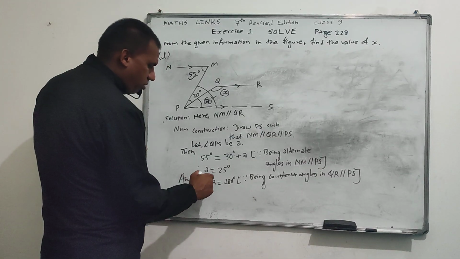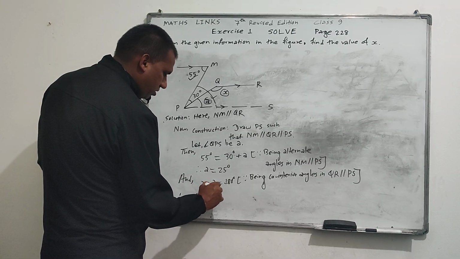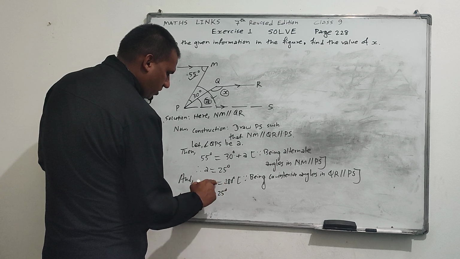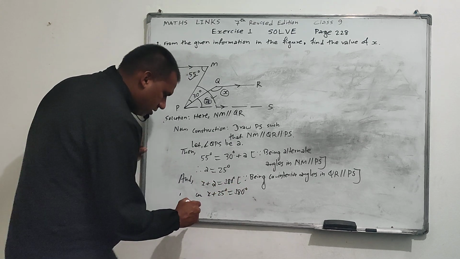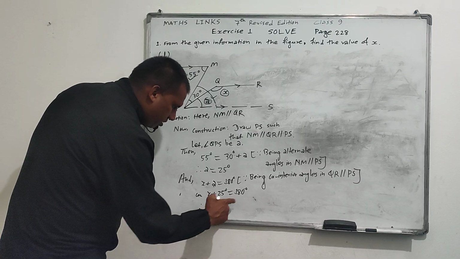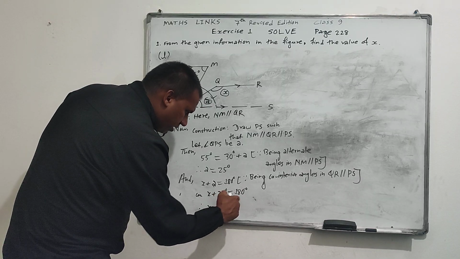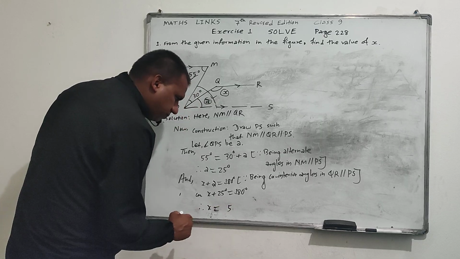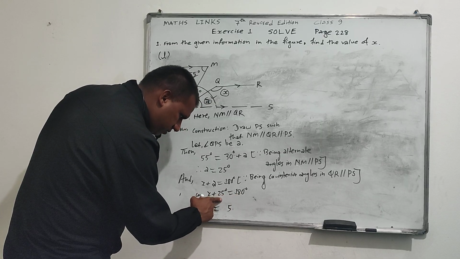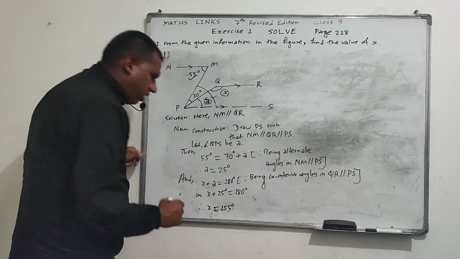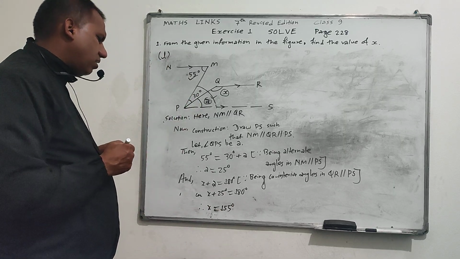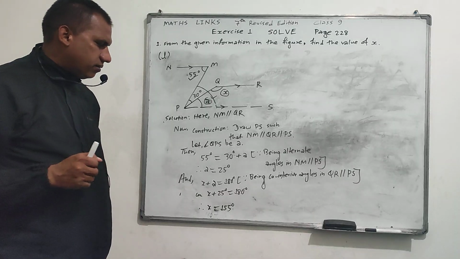Now we can put the value of A. x plus 25 degrees equals 180 degrees. Therefore, x equals 180 minus 25, that is 155. So x equals 155 degrees is the required value of x.